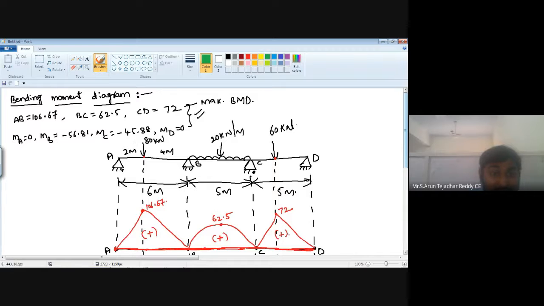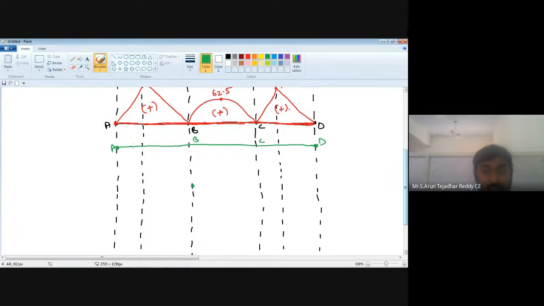MC is minus 45.88. So at point C, we'll get our value, minus 45.88. Okay, now join all the points. So this is our fixing moment diagram.